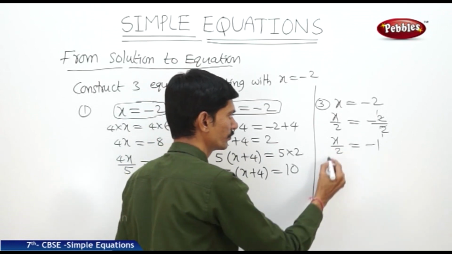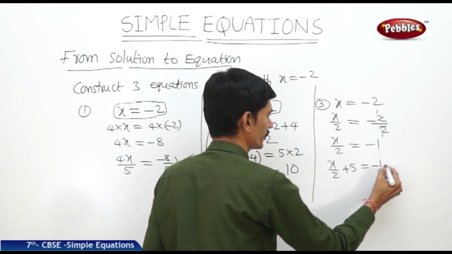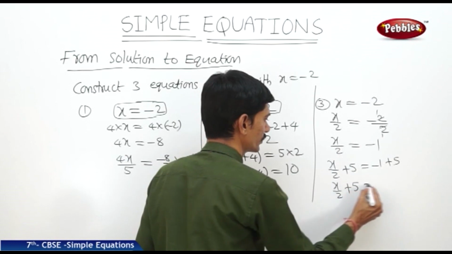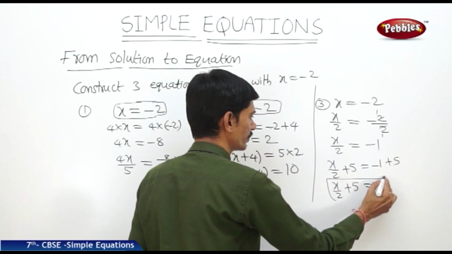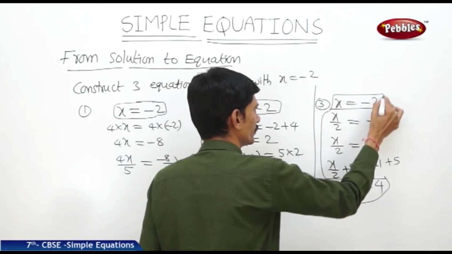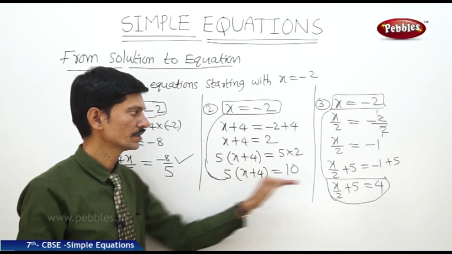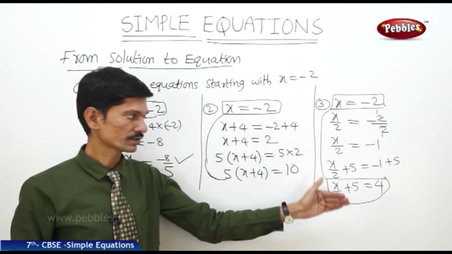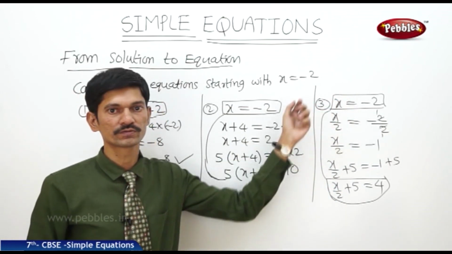So x by 2 plus 5 equals minus 1 plus 5. Now x by 2 plus 5 equals minus 1 plus 5, which is 4. This is also a simple equation with the solution x equal to minus 2. So here we have taken the same solution, but we have constructed 3 different equations. You can also construct some more equations to the given solution x equals minus 2.